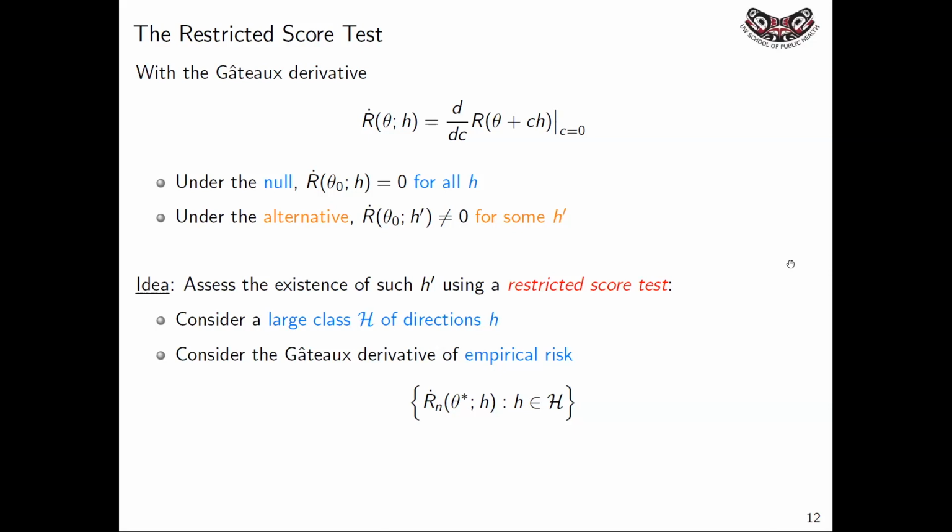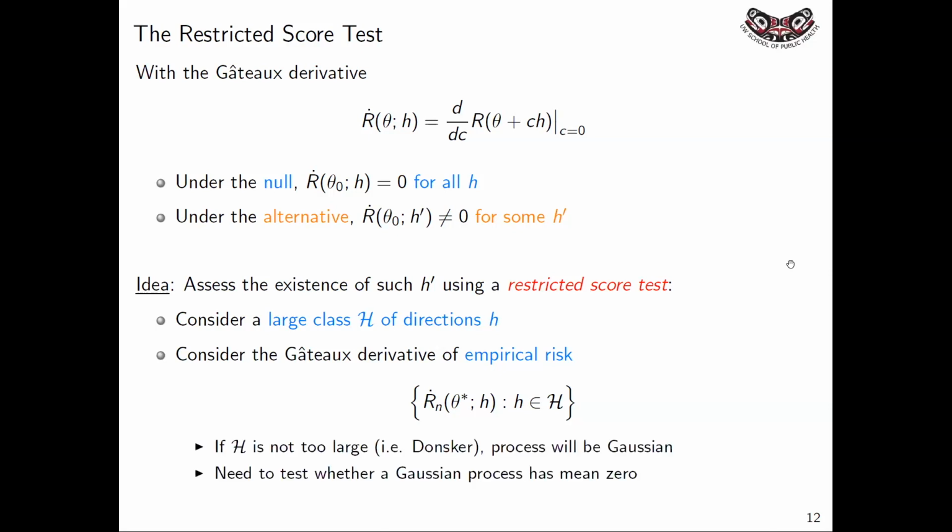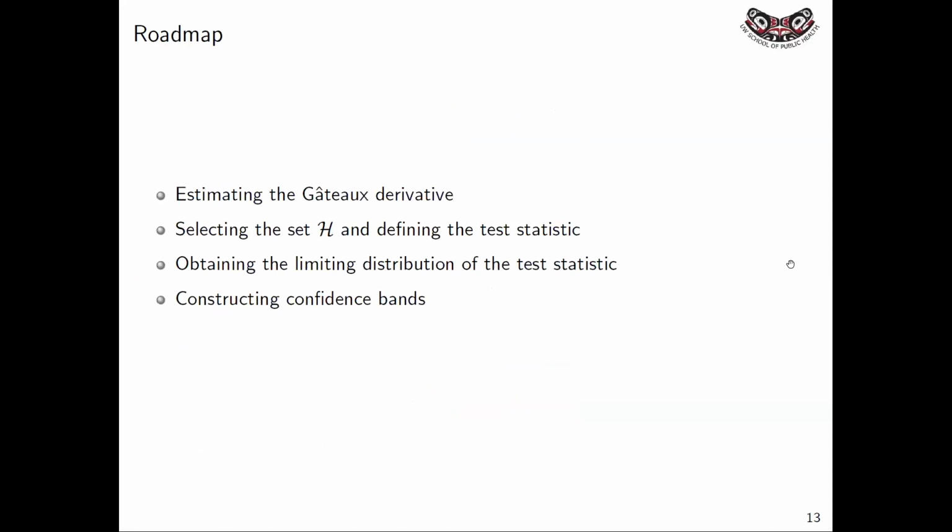Going back to this, the general idea is that if h is not too large, if this is a Donsker class, then the process will be Gaussian, and testing becomes testing whether the mean of a Gaussian process is 0 or not. Now, I need to give you some details in order for this to actually work.